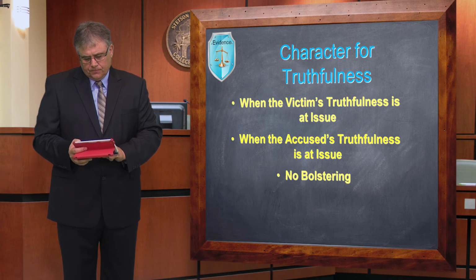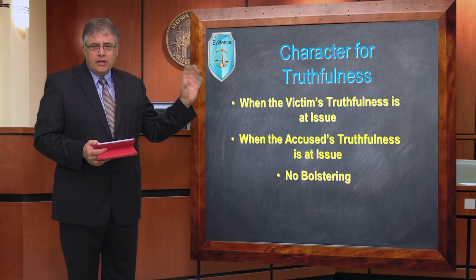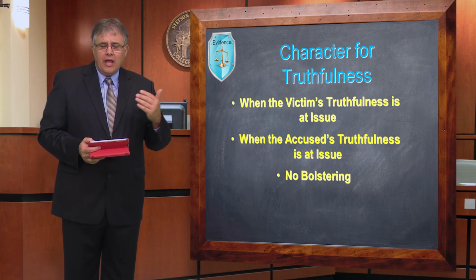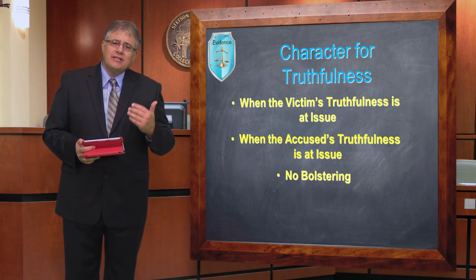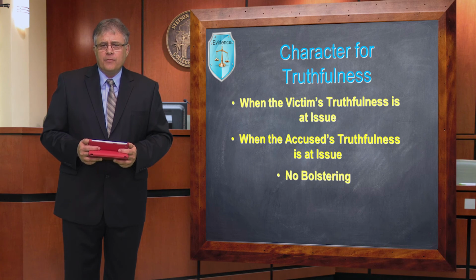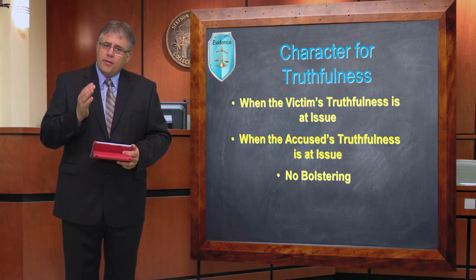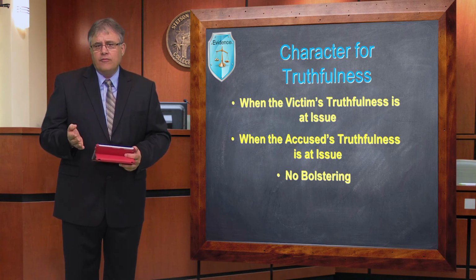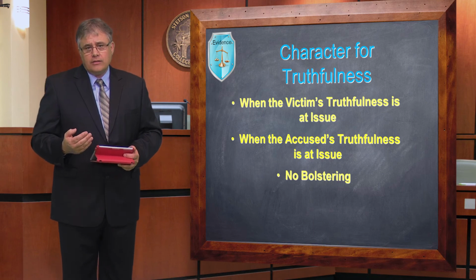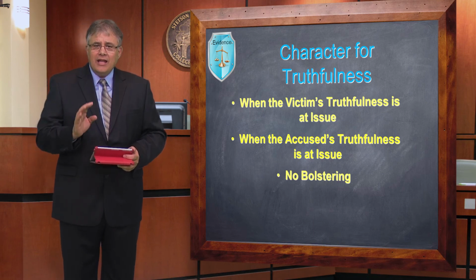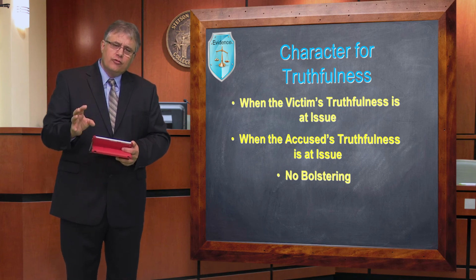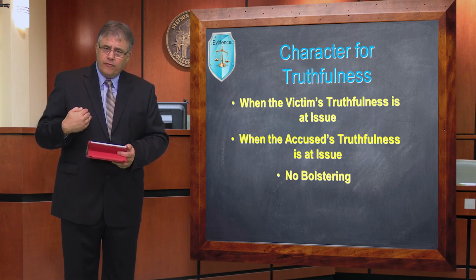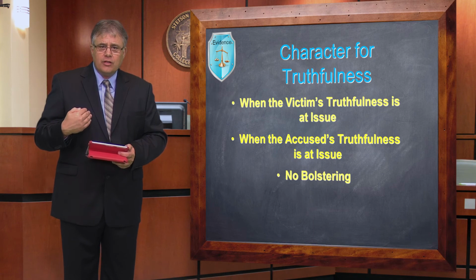Remember, when dealing with character for truthfulness, every witness who takes the stand and testifies has placed their character for truthfulness at issue. Character for truthfulness can come up through a 404A theory of relevancy or a 608 theory of relevancy. In either case, when I attack the character for truthfulness, I'm still subject to a 403 analysis as to whether or not it should come in.